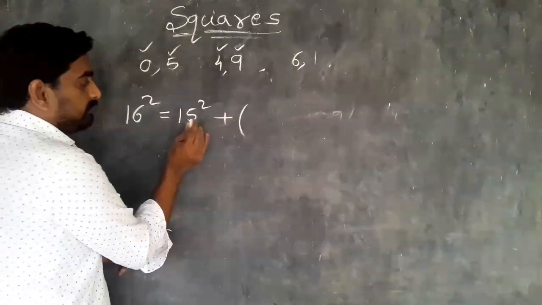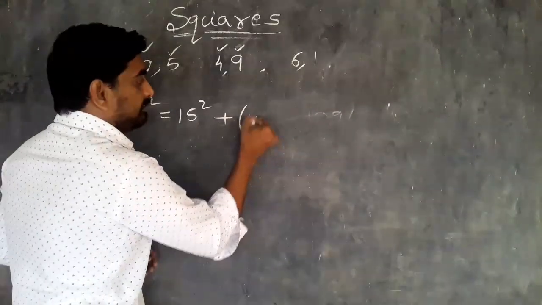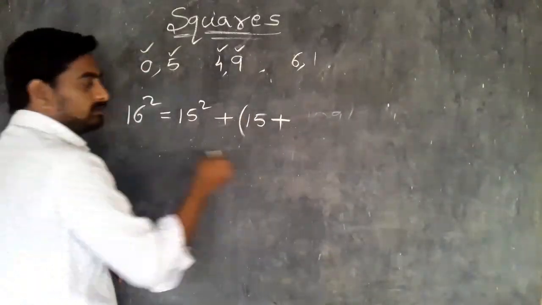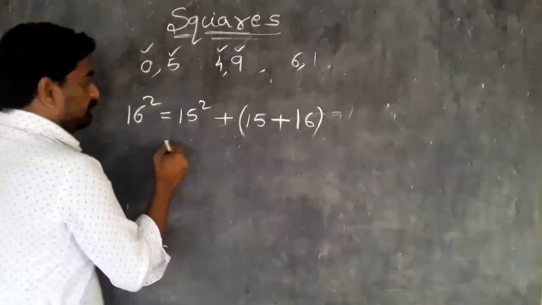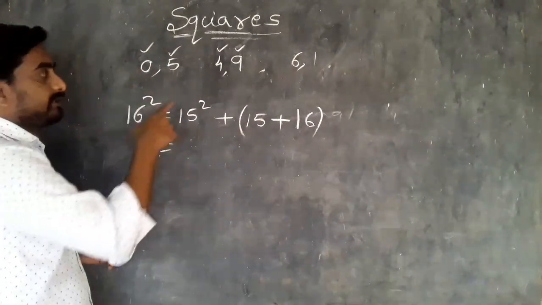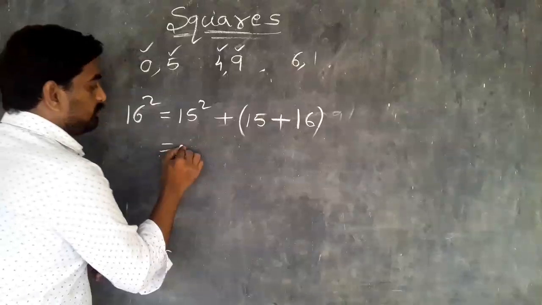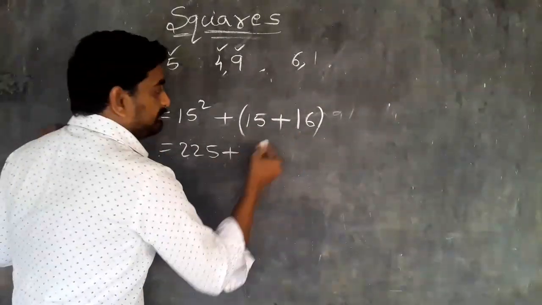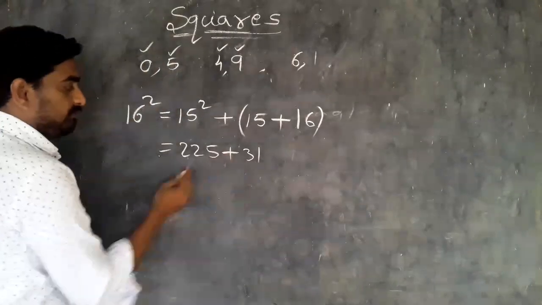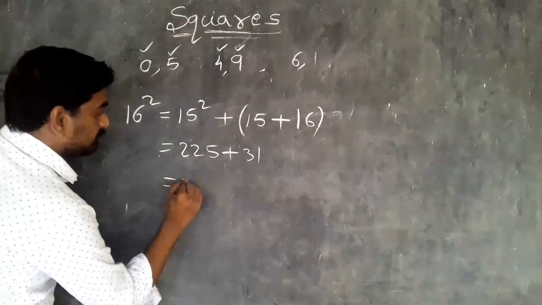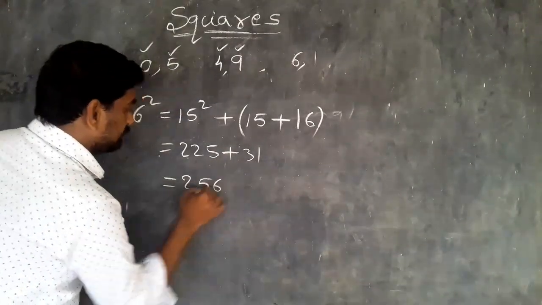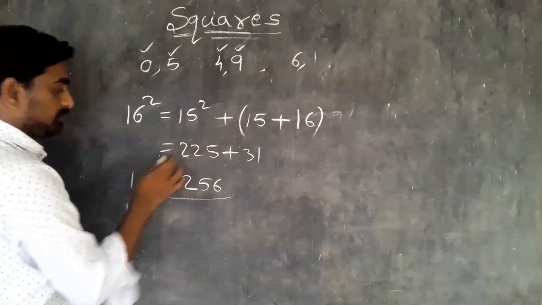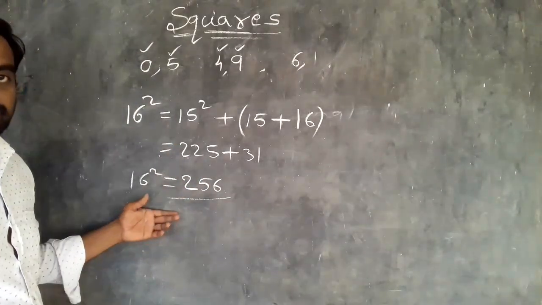What number do we write here? 15 plus 16. So we write 15 square, we already did it for 5 ending numbers: 225 plus, we add both, 31. So finally we got 256. So 16 square equals 256 is the final answer.